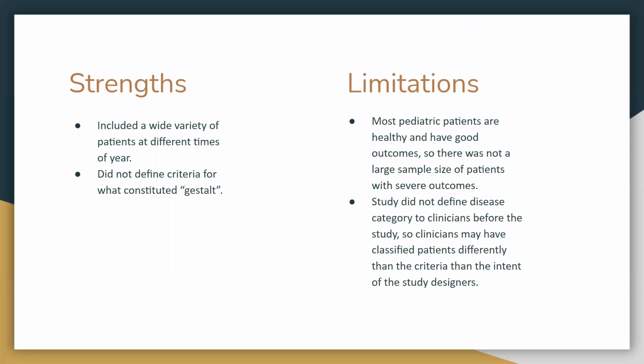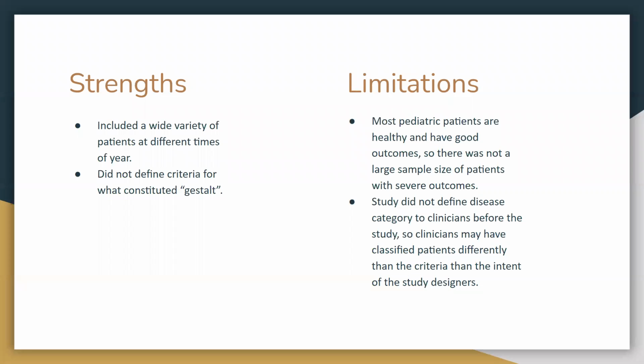It occurred over 4 years, capturing many different seasons and many different times of year. And they truly go for this idea of Gestalt, where they don't go into the thought process that each physician has, so you don't truly know what it is that they put the most value on, or if they're going by a gut feeling.